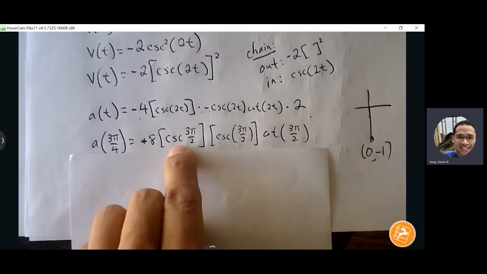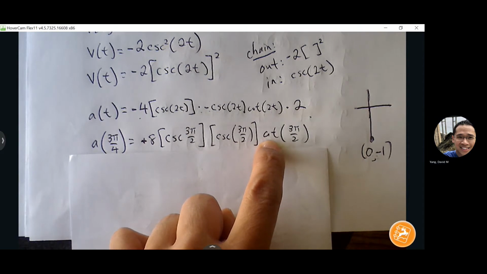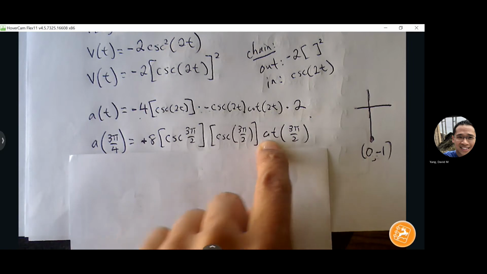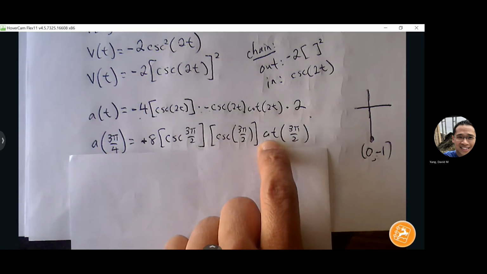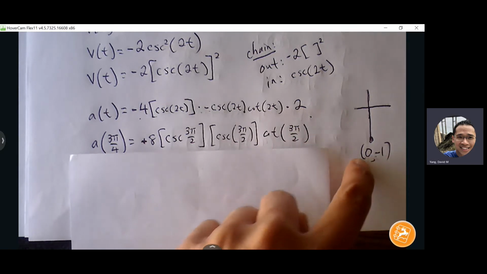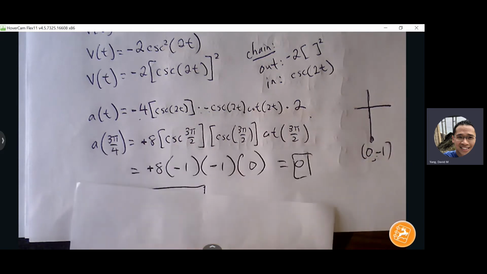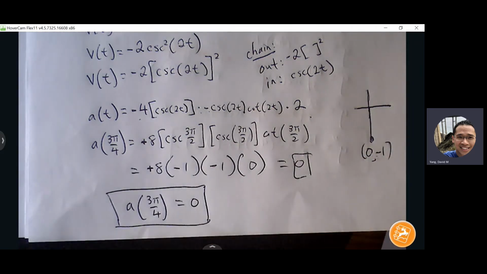So that's -1 here, -1 here. Cotangent is what? Yeah, because we know tangent is y over x, so cotangent is x over y. 0 over -1 is still 0. So it's going to end up being 0, right? 8 times -1 times -1 times 0. Acceleration is 0.